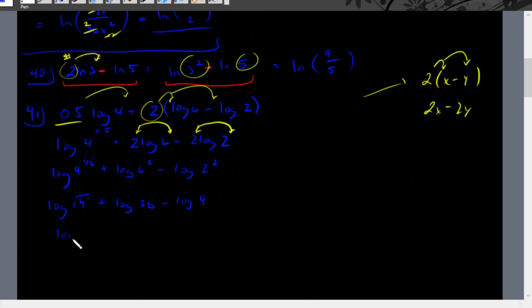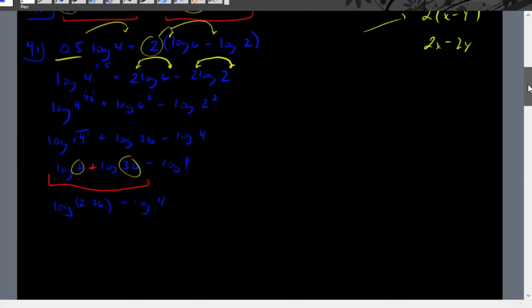So that's log of 2 plus log of 36 minus log of 4. So this, again, is a product property situation where you're summing two logs. So what do you think that would be? Well, you take a single log, and it's this piece times this piece. So 36 times 2 is 72.